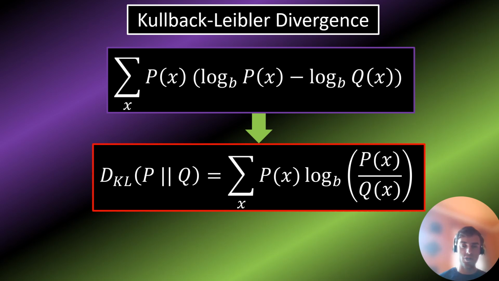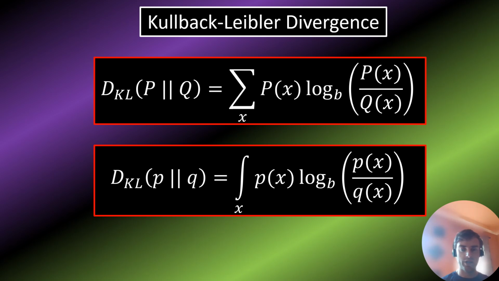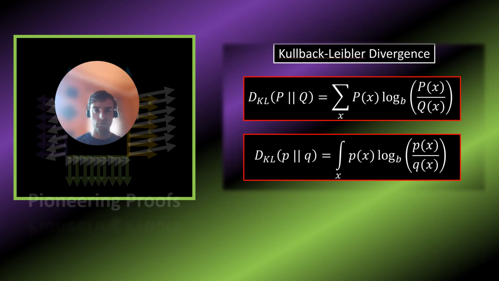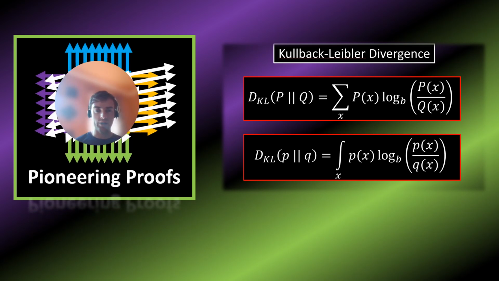In KL divergence, you're taking the expected value of the differences in probability, or the relative difference in probability in terms of information. And you could also express it in integral form if you have a probability density function, or two probability density functions, lowercase p and lowercase q. All right, that is the end of this video, and thank you for watching.